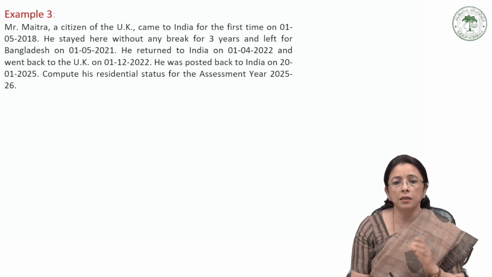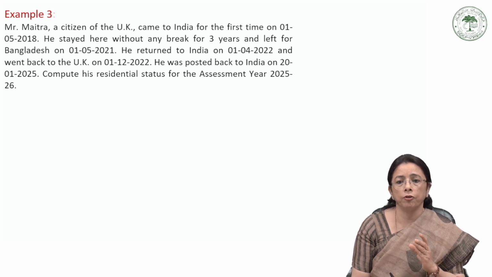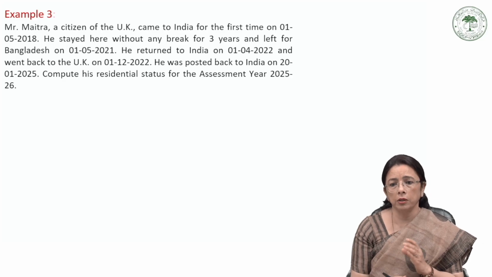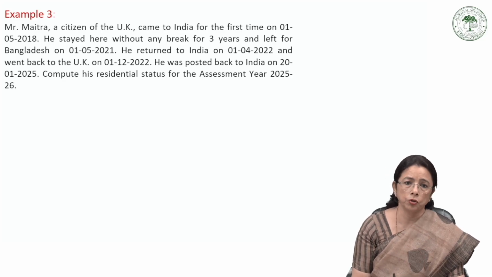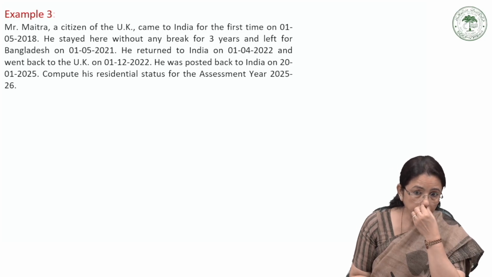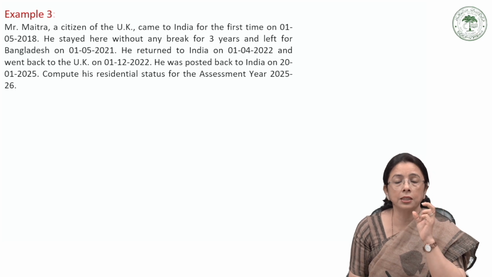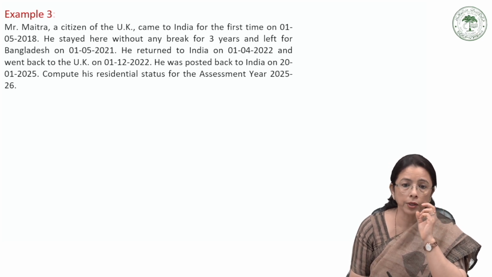He stayed here without any break for 3 years and left for Bangladesh on 1st May 2021. He returned to India on 1st April 2022 and went back to the UK on 1st December 2022. He was posted back to India on 20th January 2025. We have to compute his residential status for the assessment year 25-26.